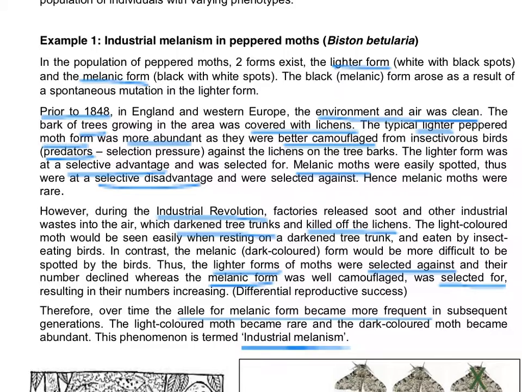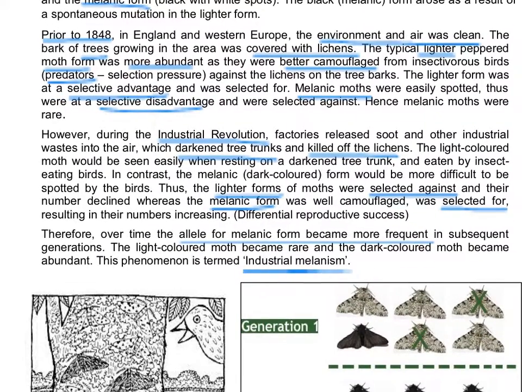Then after the Industrial Revolution, when the lichens were killed off, the lighter forms were selected against because they were more obvious against a dark tree bark, whereas the melanic form was better camouflaged and selected for. So over time, the allele for the melanic form became more frequent in the population. That's the idea.